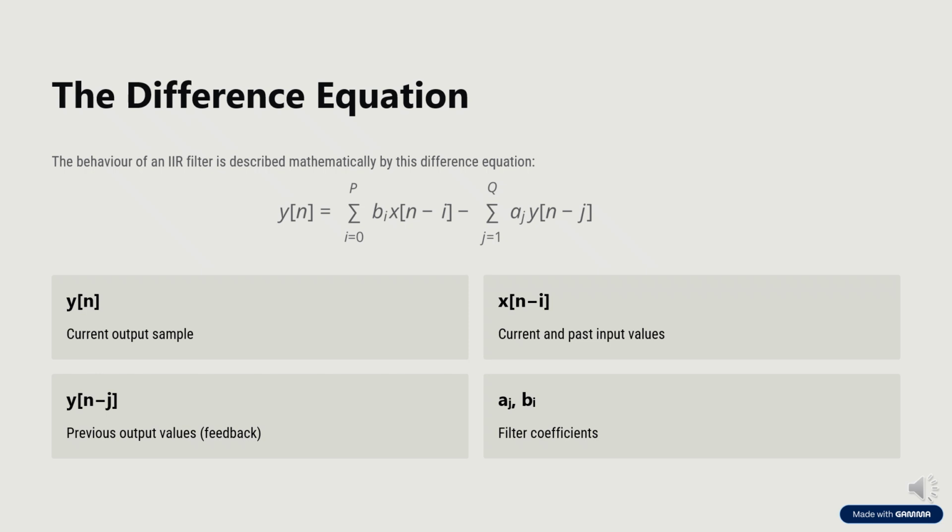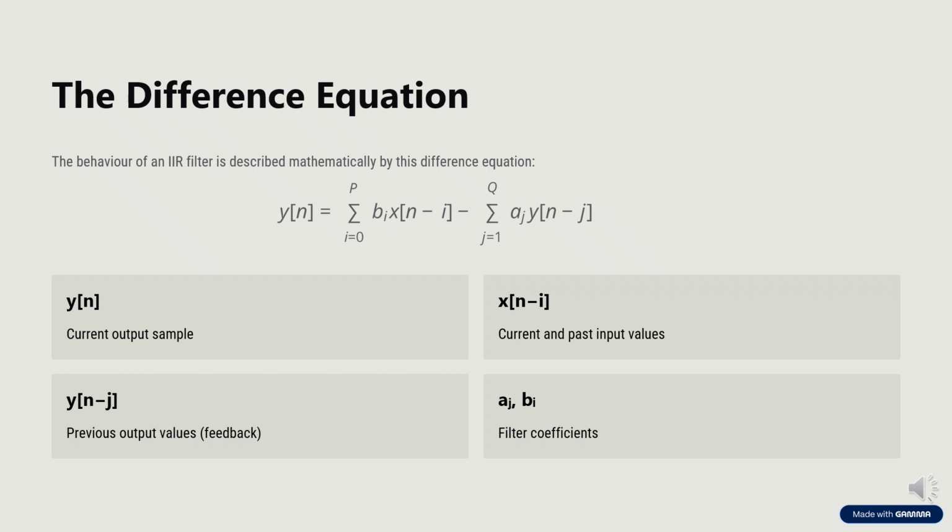I explained that the recursive nature is its feedback loop. So the filter's current output is calculated from the current and past input samples, but also its own previous output samples. That is represented by this difference equation that you can see. Here y[n] is the current output sample at a specific moment in time n.